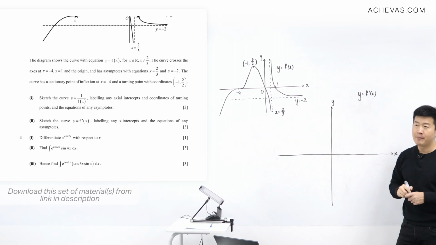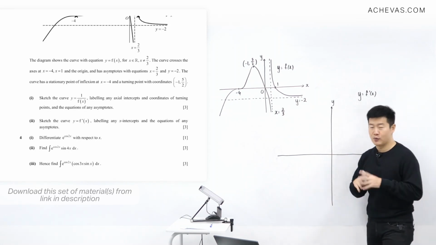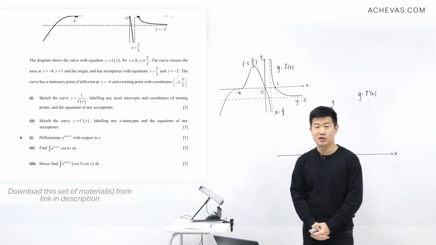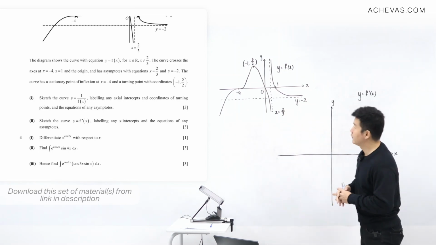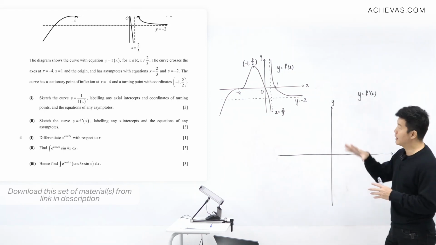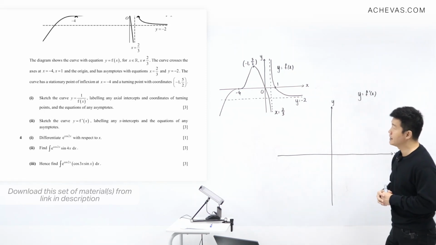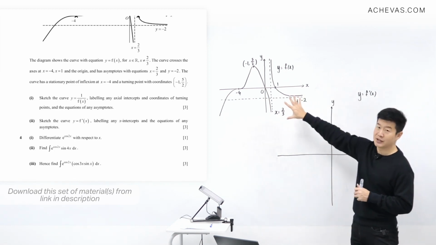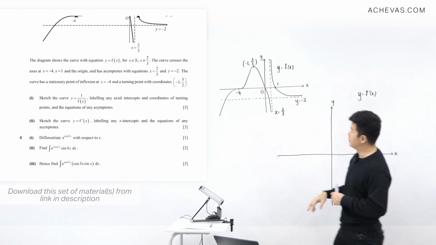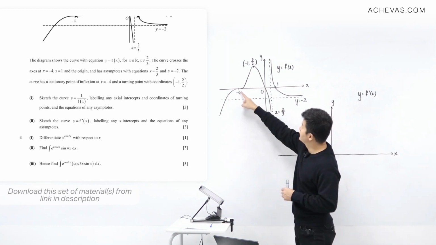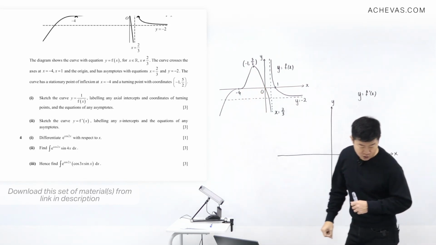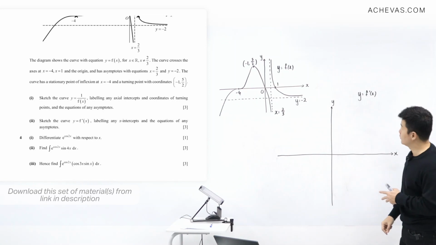Process-wise, we don't really need a process, but I'm still going to stick to a rough process that I've described on the Achevas TV. So the first thing that I'm going to try to do is to look at all the points where f prime x is equal to 0, where the gradient on this graph is equal to 0. For example, I have a point that is here, I have a point that is here. These are 2 points when f prime x is equal to 0.